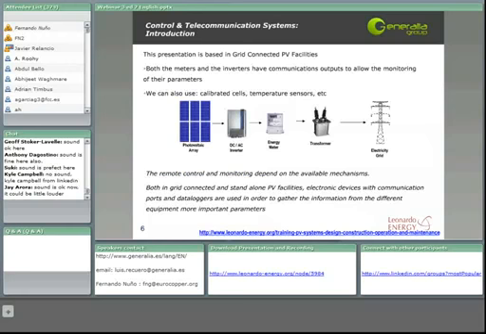Anyway, in the next slides, we will study all the parameters to be controlled in the different elements of the PV facility. Usually, we use data loggers to gather all the information. A data logger is a small computer with several inputs and outputs and a solid operating system that only gathers all the information and stores it.